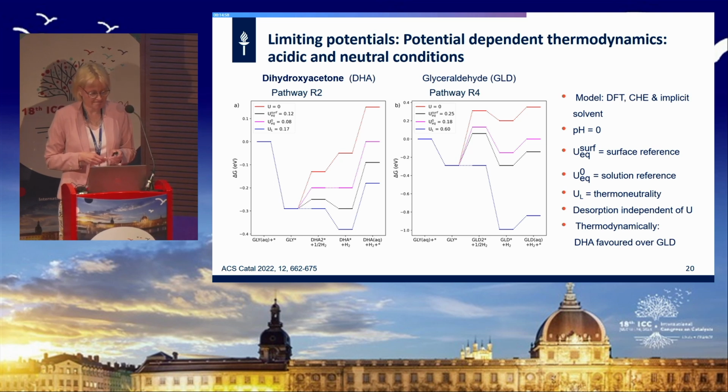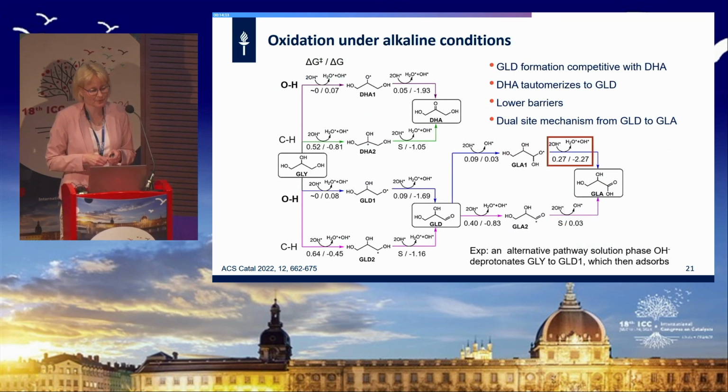And when we compare the limiting potentials, the blue lines, for the DHA the limiting potential is about 0.17, while for the GLD it's about 0.6. So clearly the potential favors the formation of DHA, supporting the experimental findings, which indicate that only DHA is possible under acidic conditions.